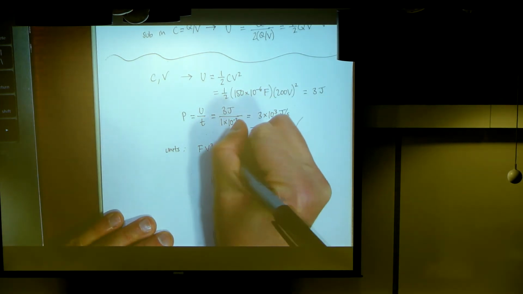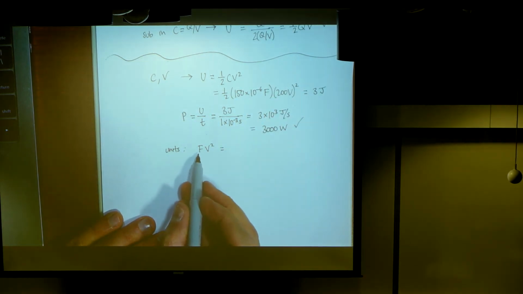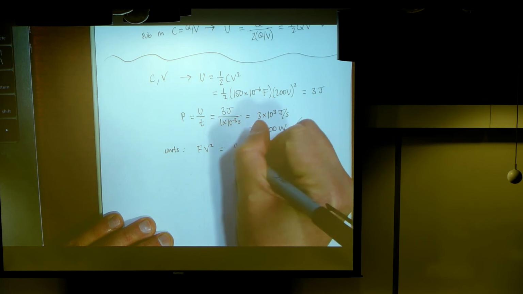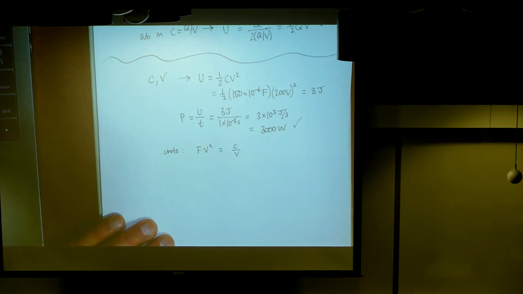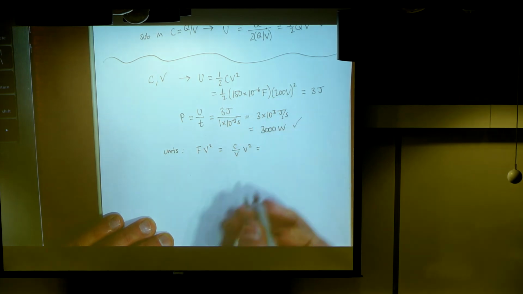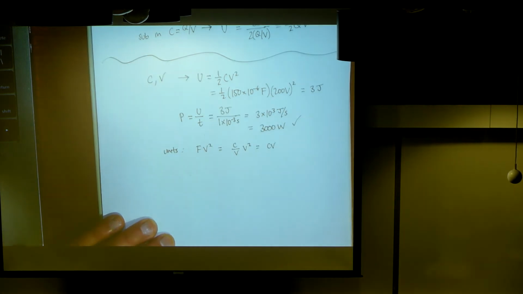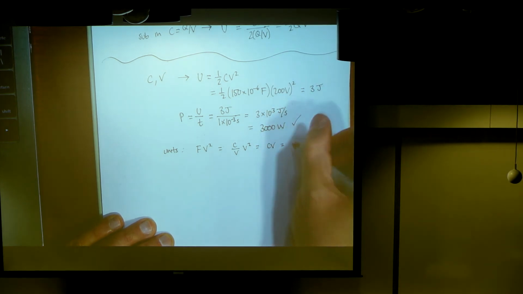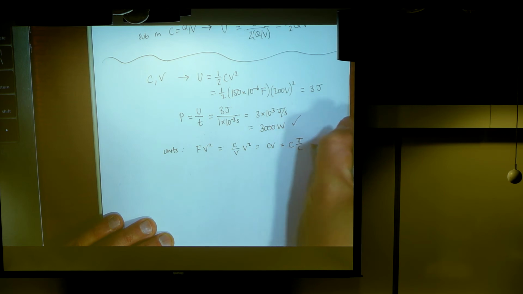So, do you remember what the equivalent unit for a farad is? Yeah, it's a coulomb per volt, and then volts squared, right? So that's a coulomb times a volt, isn't it? What's a volt equal to? A volt is a joule per coulomb. So we have joules.